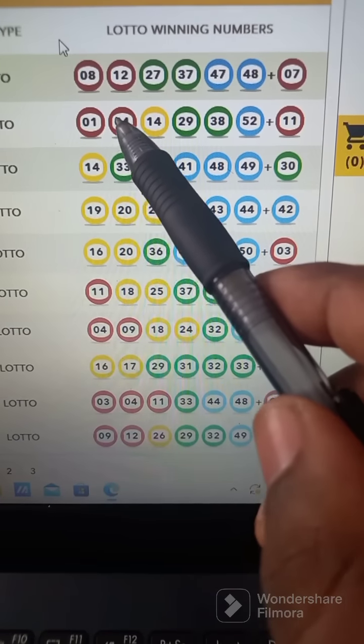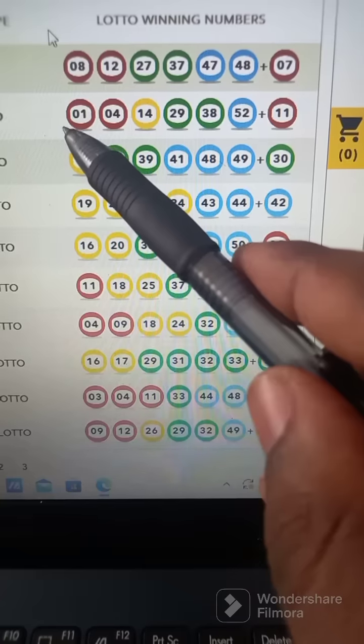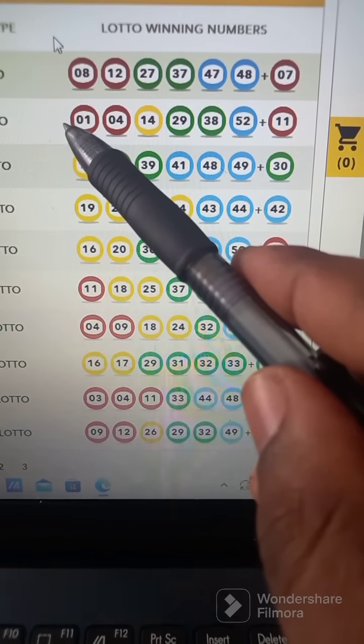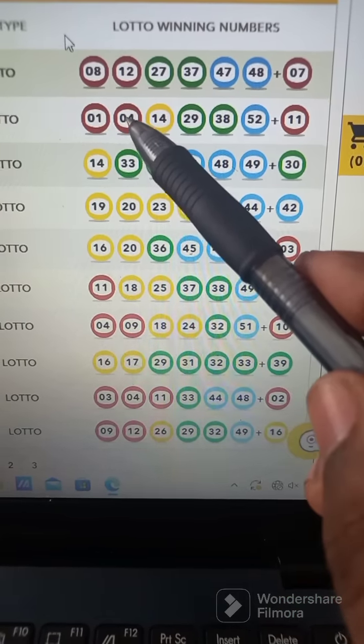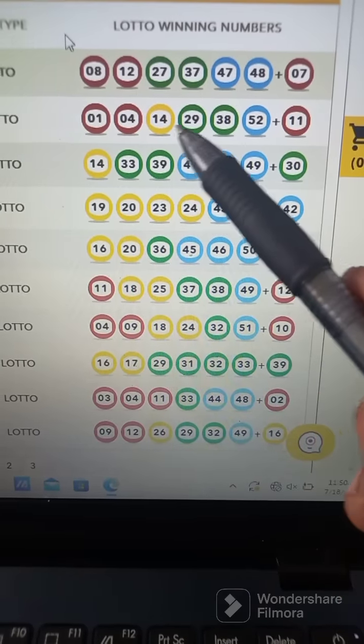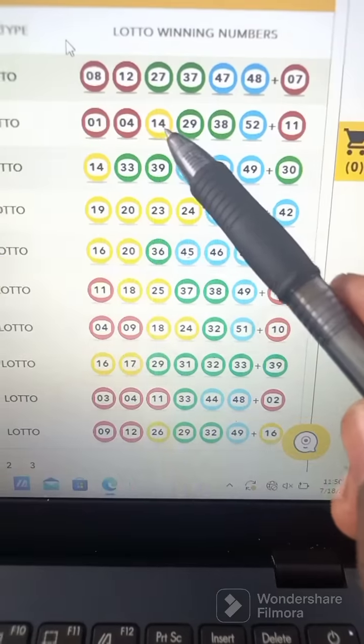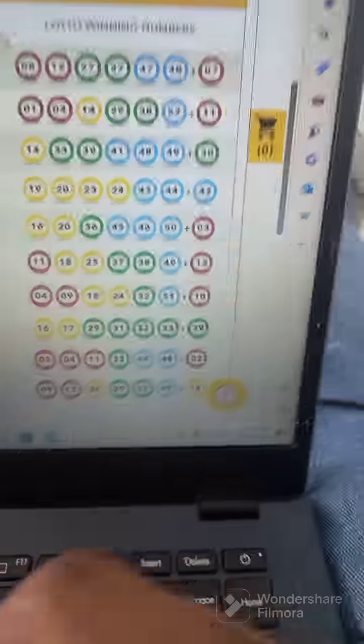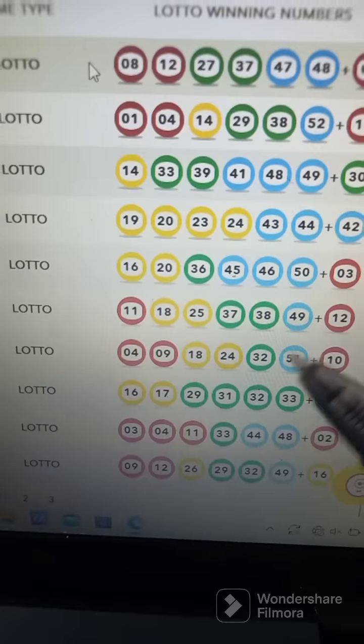Now they took number 1. Number 1 is in group number 1. Which other digit is coming from group number 1? It's 4. So they took 2 from that group. There's no other digit from that group. And then they took number 14, which is in group number 2, and this is the only digit in that group.